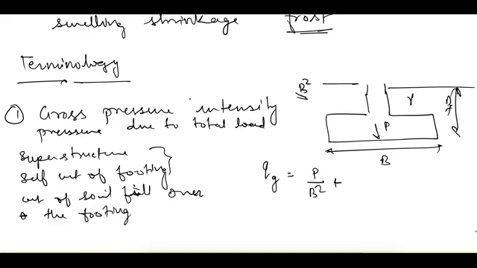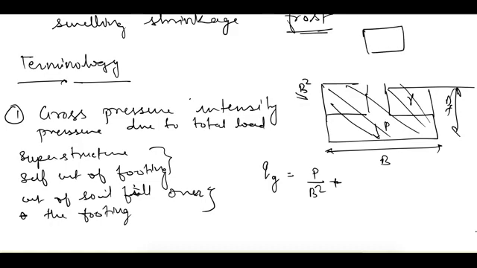And the third part is the weight of soil fill over the footing. So what would be the weight of the soil which is there in this part? We can understand it like this. Before construction we would make a hole of this square size, which is equal to the size of the footing, that is B square, and into the depth of the footing is the volume of this hole.